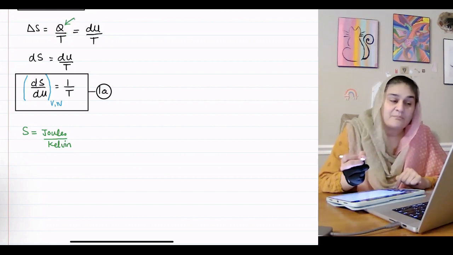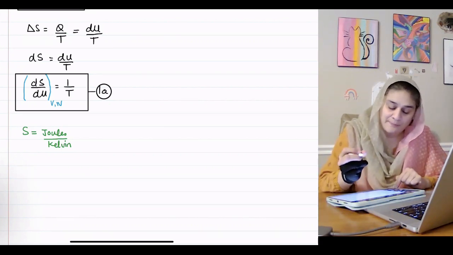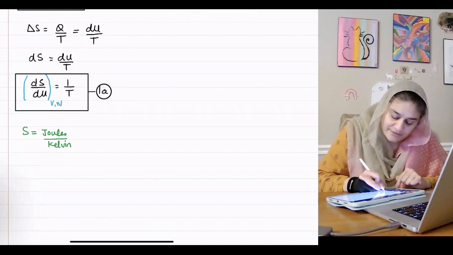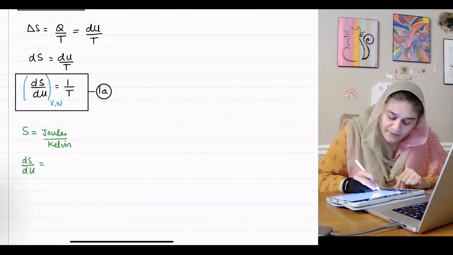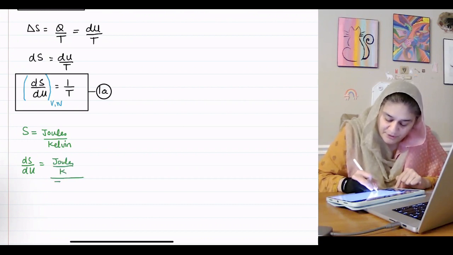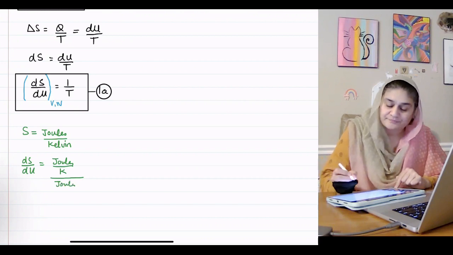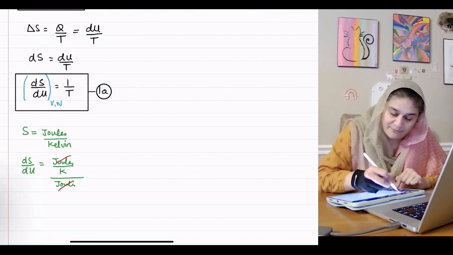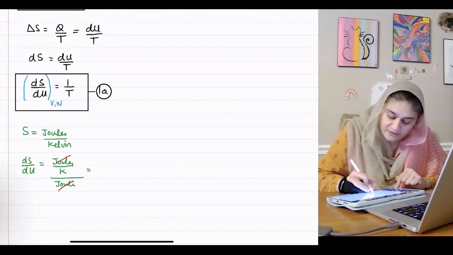So may I write dS over dU as joules per Kelvin per joules. So the joules will cancel out, and what am I left with? 1 over Kelvin, which is nothing other than 1 over T.